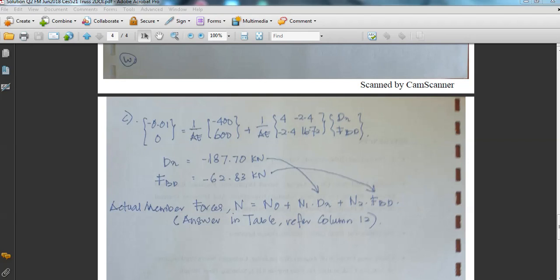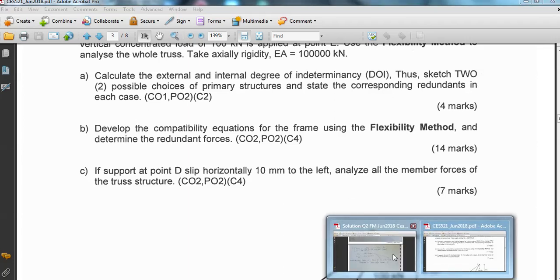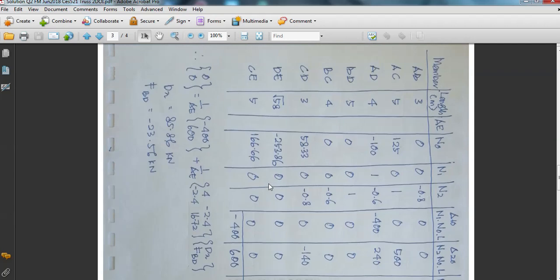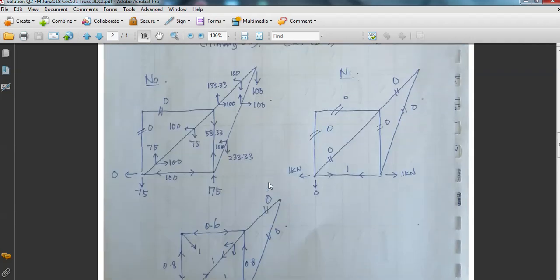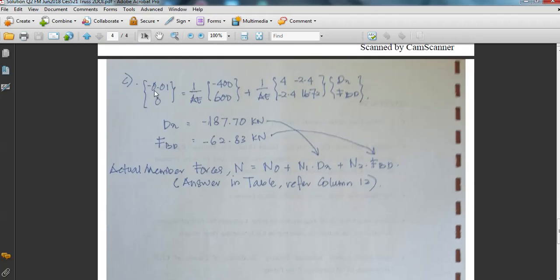Because just now clearly mentioned in our question, the slip to the left. Okay, the slip to the left, support movement to the left, and your redundant force, you apply 1 kilonewton to the right. This is opposite direction. You assume positive to the right, and the support movement mentioned in your question to the left, so opposite direction. That's why they have a negative value here.